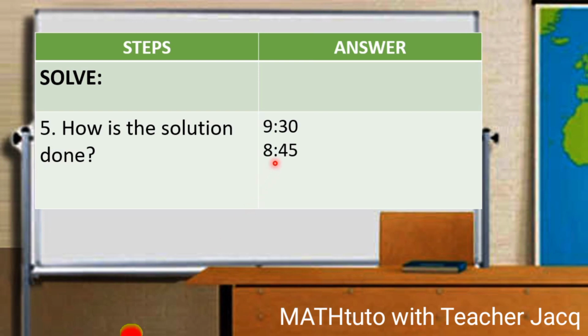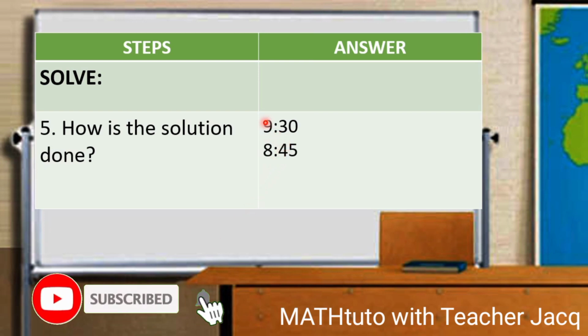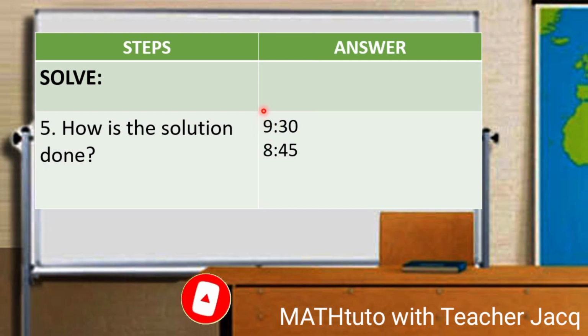So, yung gagawin natin is hihiram tayo dito sa 9, dito sa hours, hihiram tayo ng 1, then i-add natin sa minutes. So, we all know that 1 hour is equivalent to 60 minutes. So, therefore, 30 plus 60 minutes. Okay, so, why 8:30 na lang? Kasi humiram tayo ng 1 kay 9, kaya ito ay naging 8.